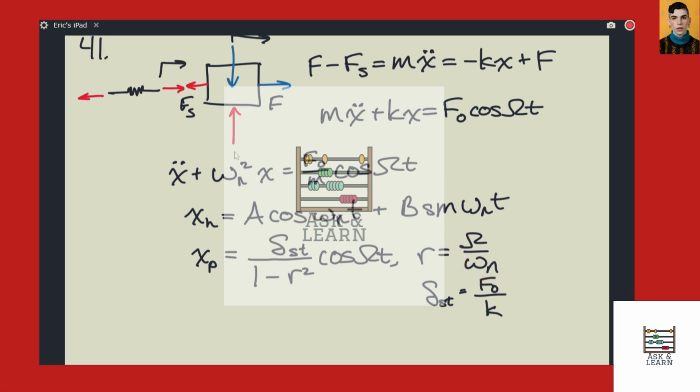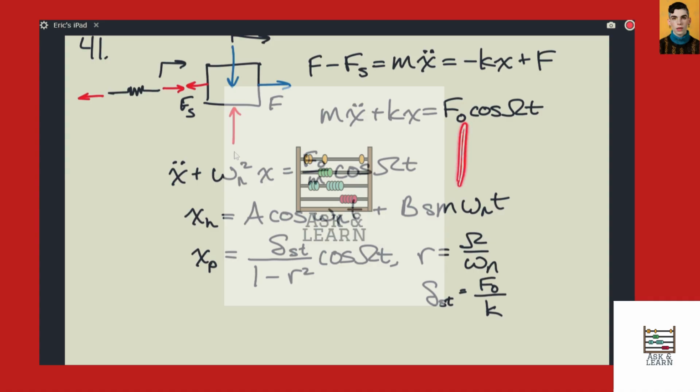You can see clearly that when r is 1, the amplitudes get very large. Not instantaneously, though. In fact, the solution breaks down when omega equals omega n, and what we wind up with then is a linearly growing particular solution in time.